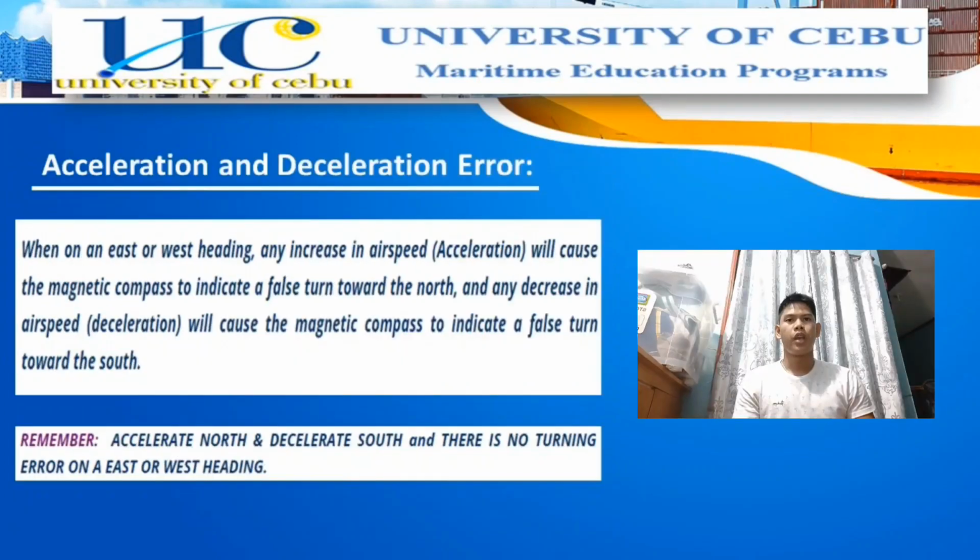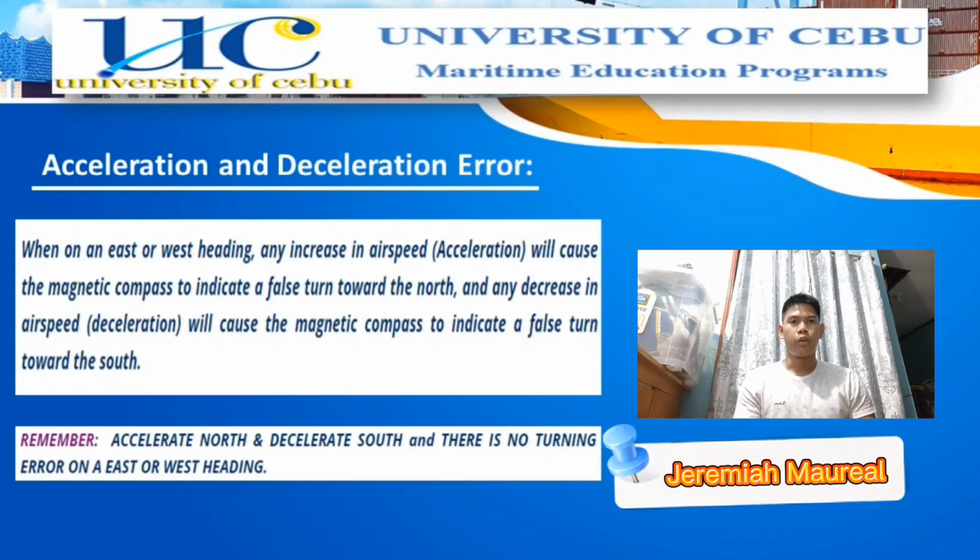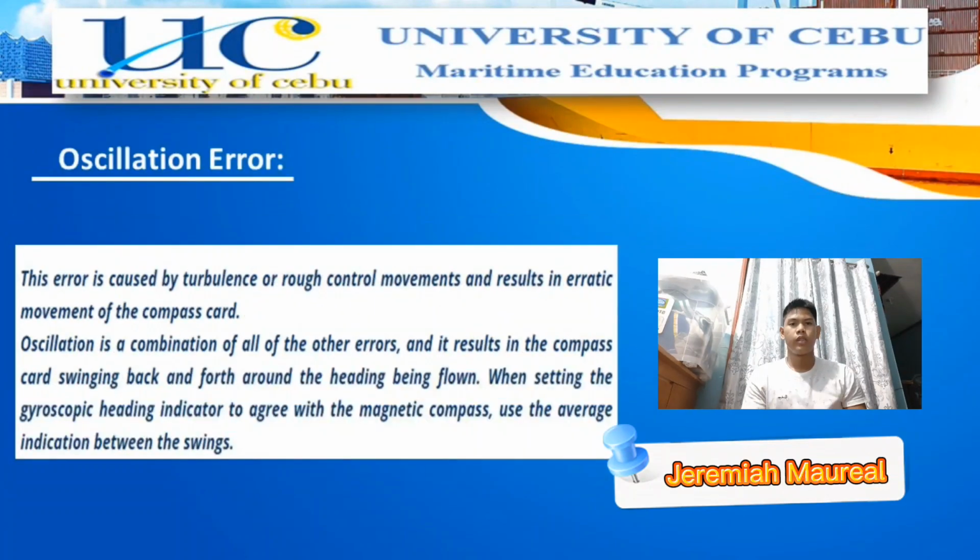Acceleration and deceleration error: when on an east or west heading, any increase in airspeed, or acceleration, will cause the magnetic compass to indicate a false turn toward the north, and any decrease in airspeed, or deceleration, will cause the magnetic compass to indicate a false turn toward the south.